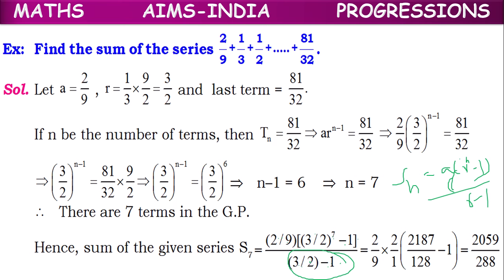If it changes into multiplication, we can write it as 2 by 1. And 3 power 7 is 2187, by 2 power 7 is 128, minus 1. So after simplification, we will get this value.